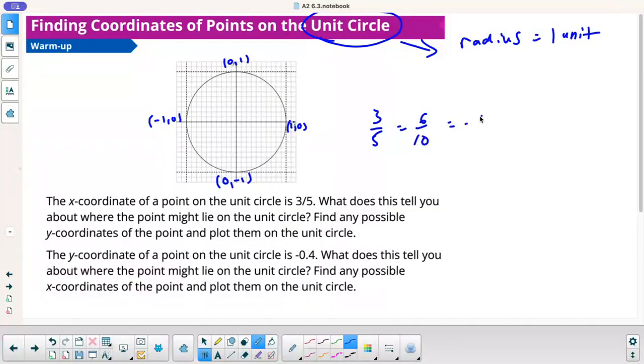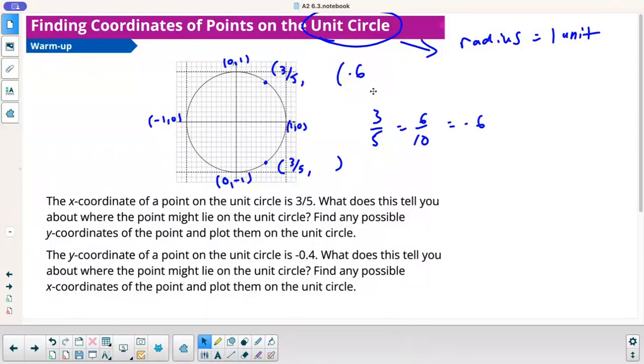So 0.6 would be my x-coordinate. So 3/5 or 0.6, I'm going to go to the right 1, 2, 3, 4, 5, 6. So anywhere on the circle, I could put this point or this point. Both of those have an x-coordinate of 3/5.